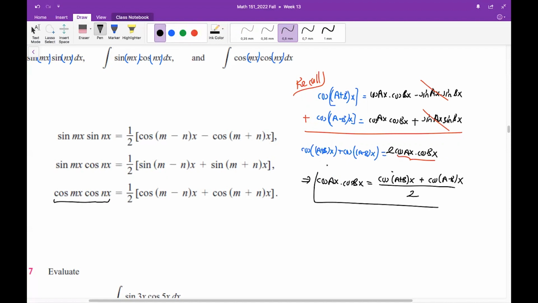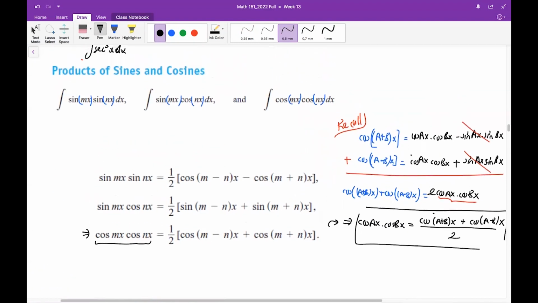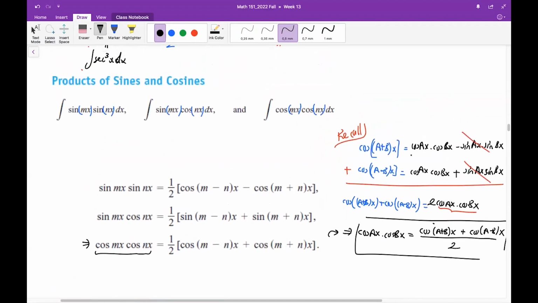You see how we obtain the formula given in this row. You can also obtain the other two formulas by writing the formulas for sine (a plus b)x, sine (a minus b)x, for example. These are not difficult to derive by yourself.